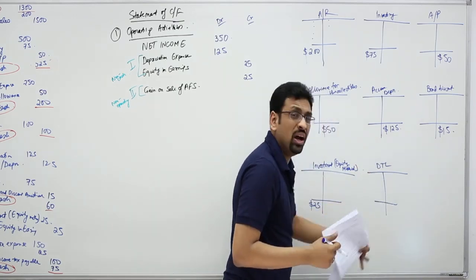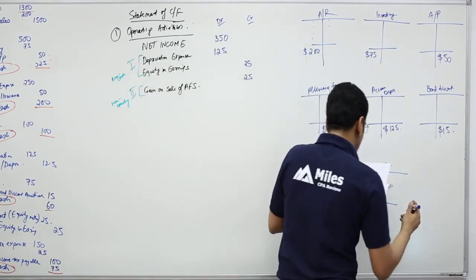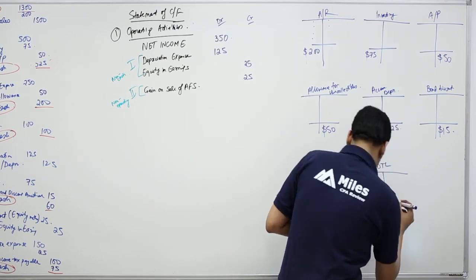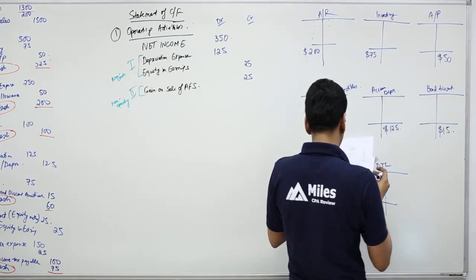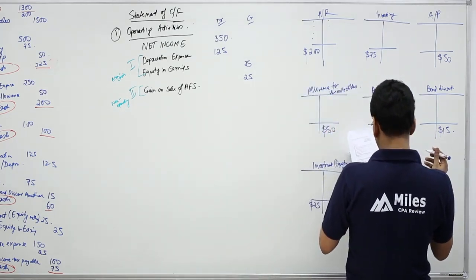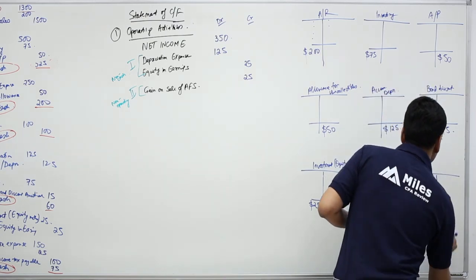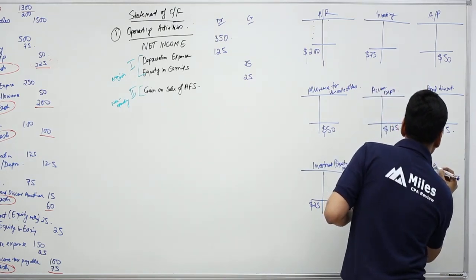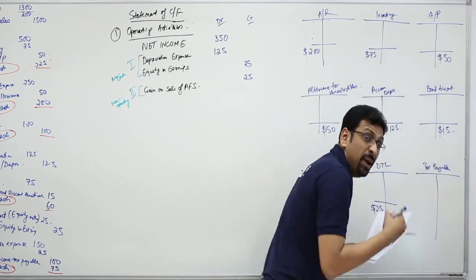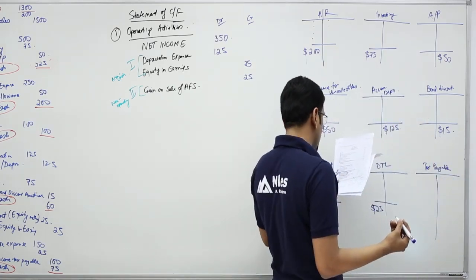Liability is a credit account, so a decrease in liability means debit, 25. Then you have an increase in taxes payable. Payable is a liability, and an increase in liability means credit 100.